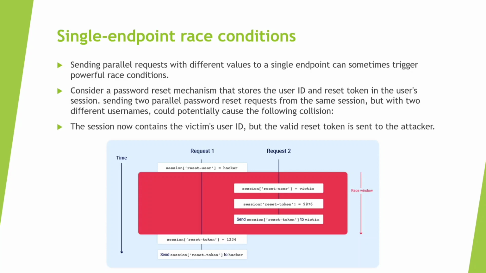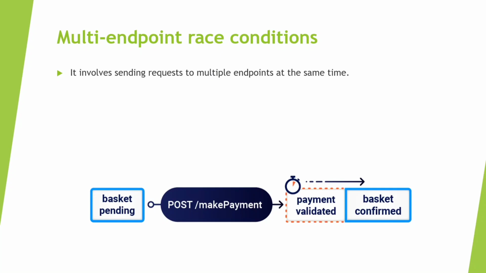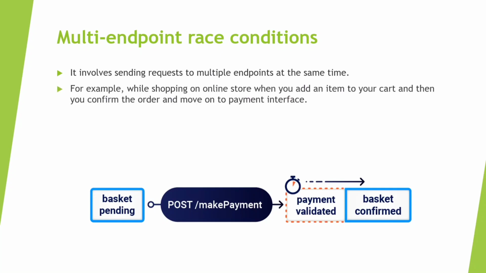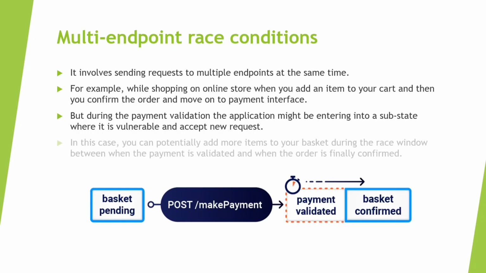And next is multi endpoint race condition. It involves sending requests to multiple endpoints at the same time. For example, while shopping on an online store, you add an item to your cart, then you confirm the order and move on to the payment interface, but during the payment validation, the application might be entering into a substate where it is vulnerable and accepts a new request.